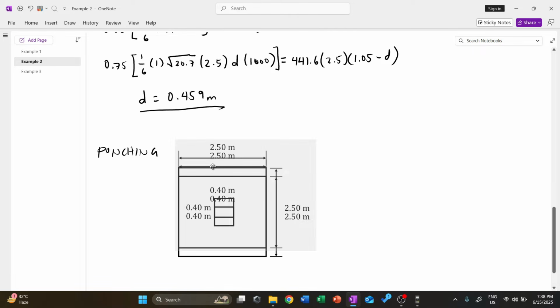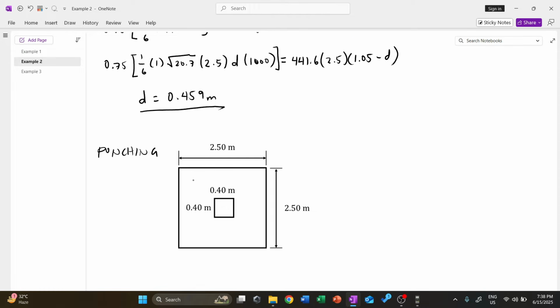So for punching, again, we measure d over 2 all throughout the side. So for example, this is the critical section. d over 2 all throughout the side. Then let's call these x and y.